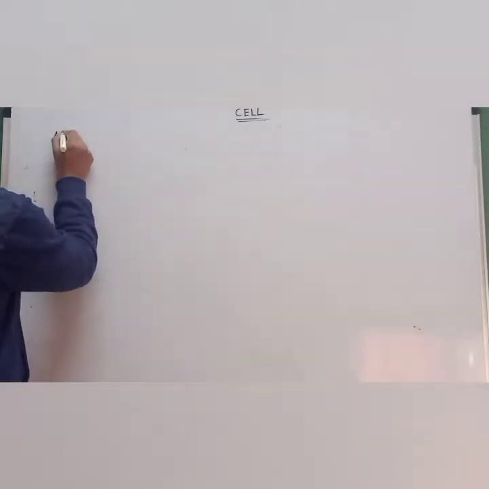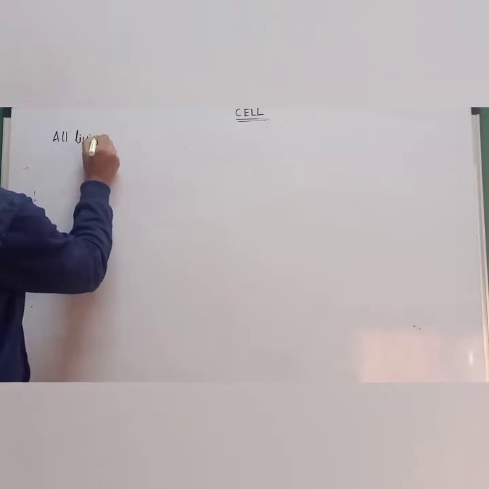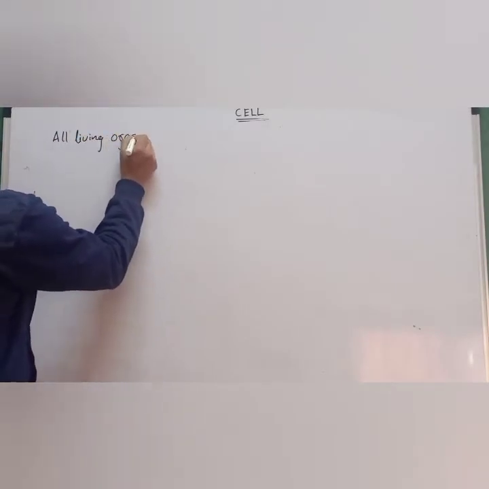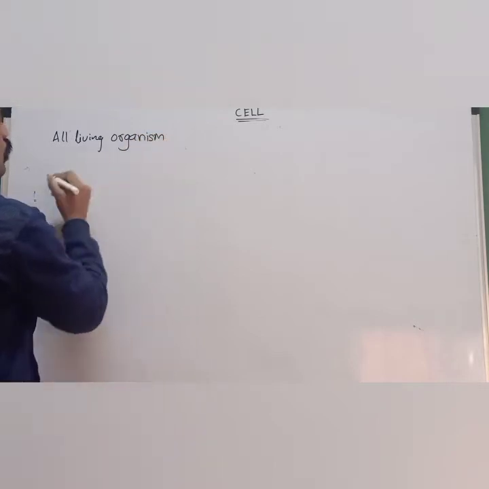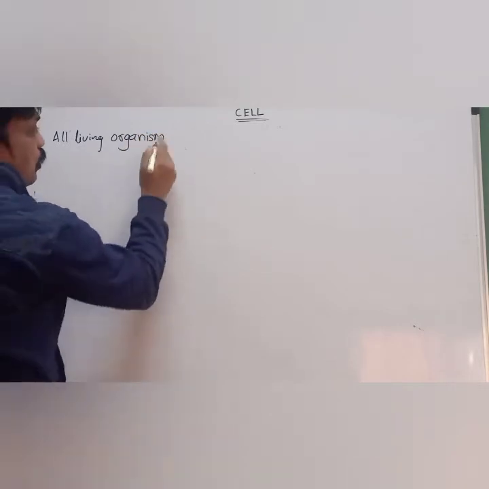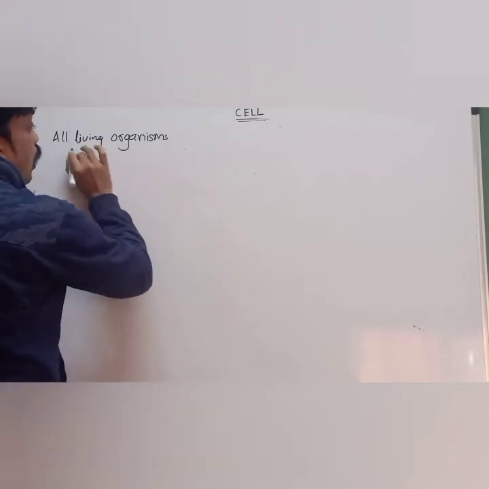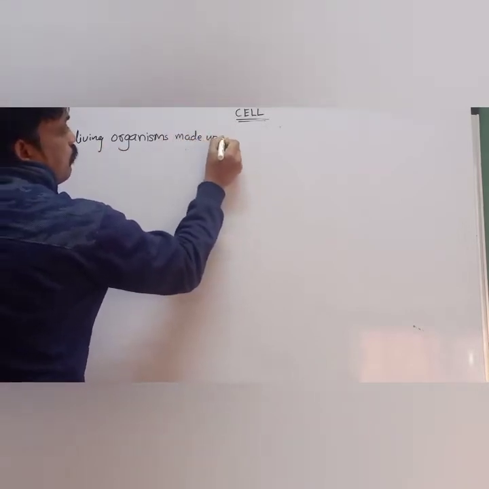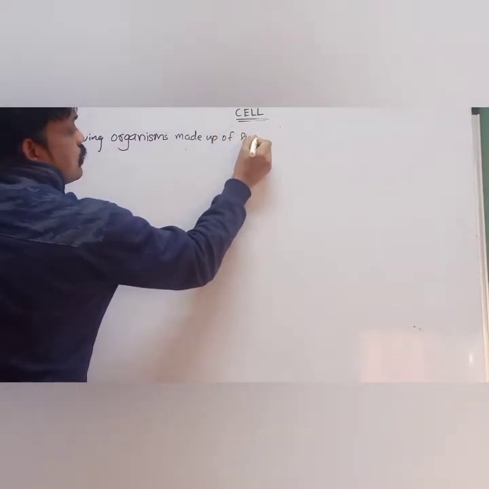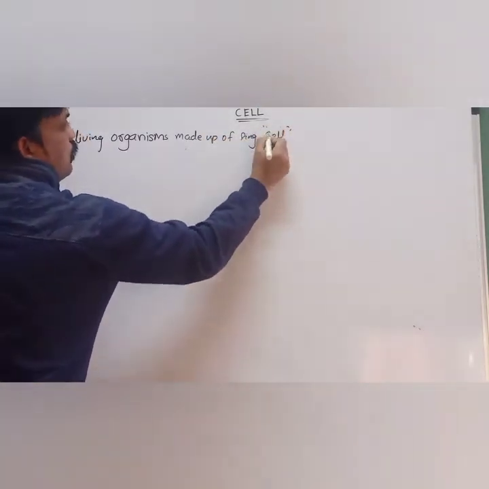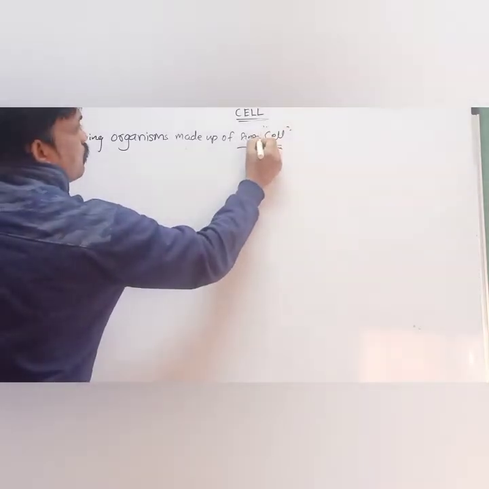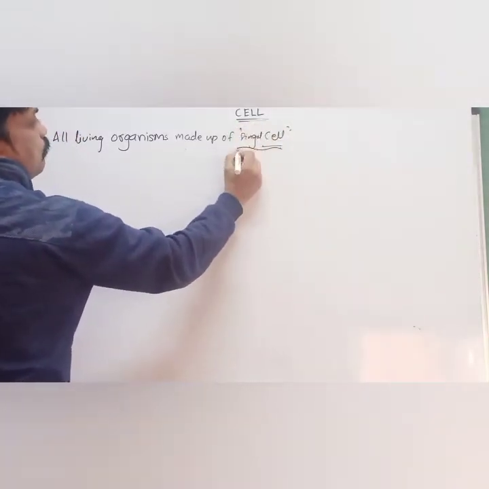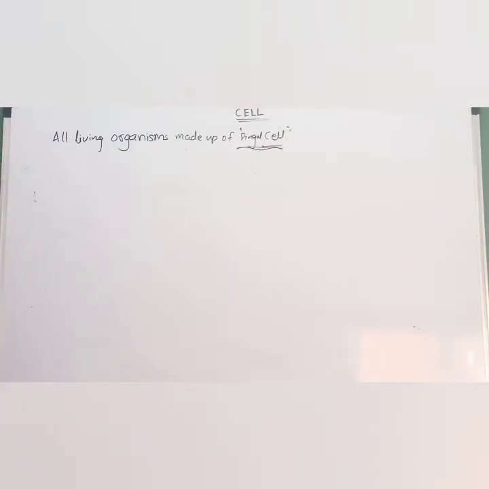Okay, here all living organisms, meaning what? Microorganisms, plants or animals, whatever it is. All living organisms are made up of a single cell. How can you say all living organisms are made up of a single cell, one cell?